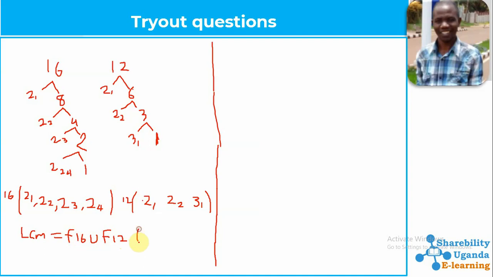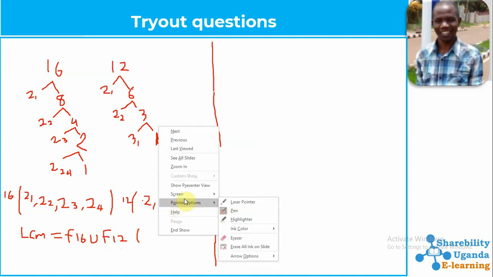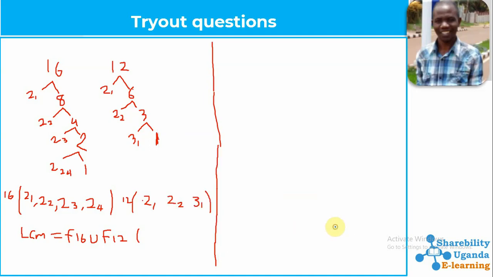So now here we can list the prime factors of 16 union 12. Okay, so here now we can arrange them very well. Let's arrange them. We have our 2 here, and our 2 here, our 3 here, our 2 here appearing for that. Then we also have this, then we also have this, then we also have this. So what do we do here?